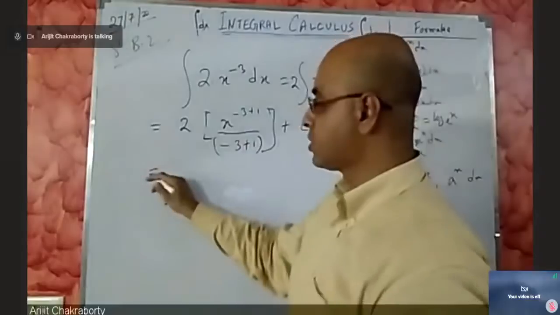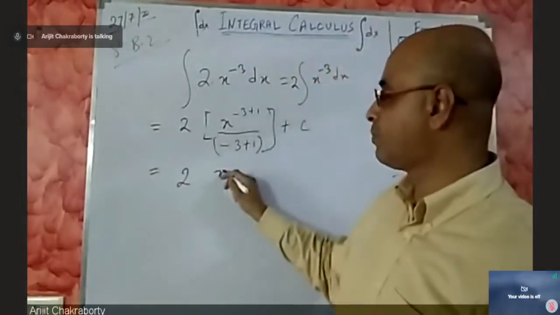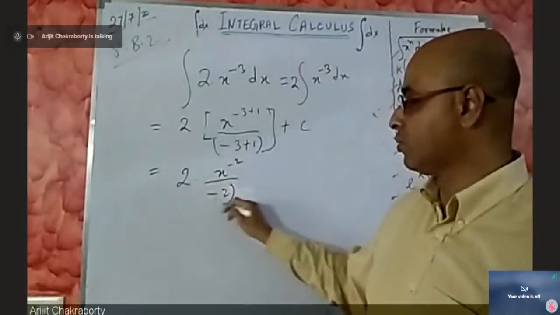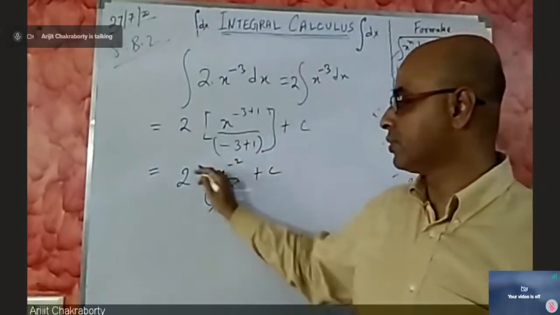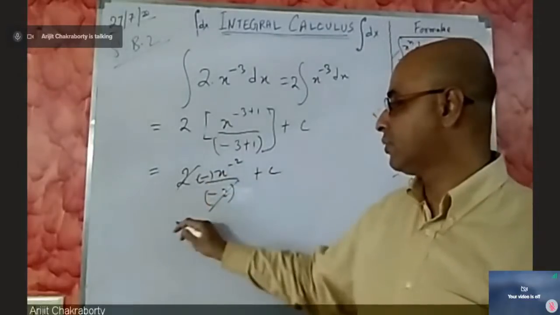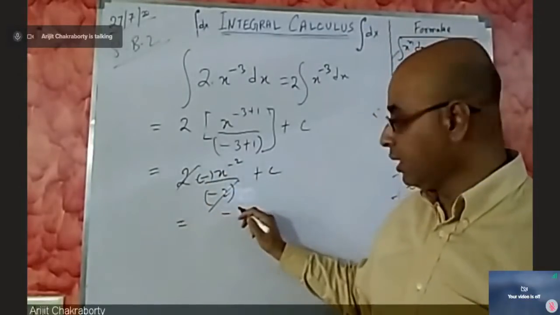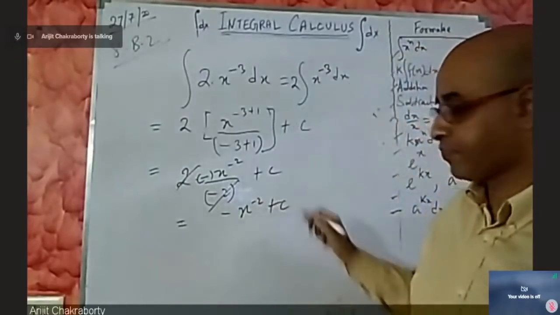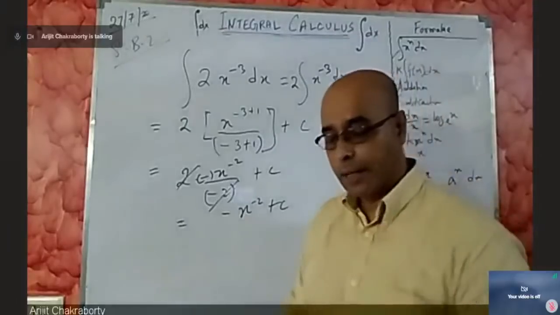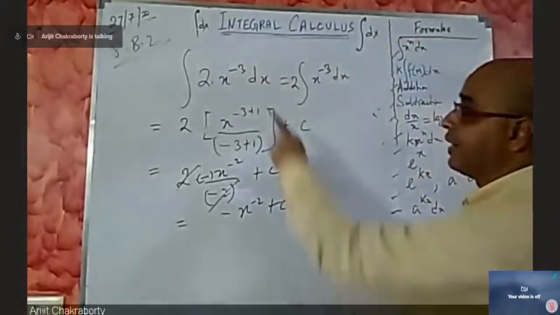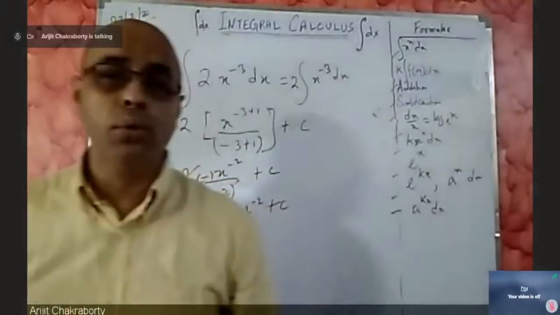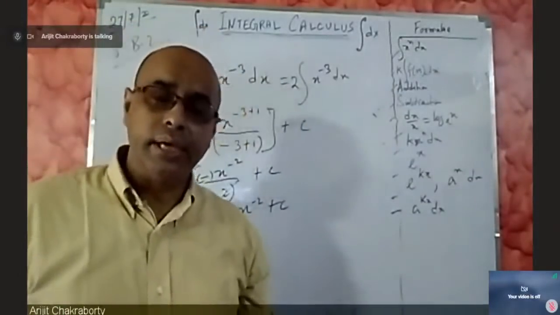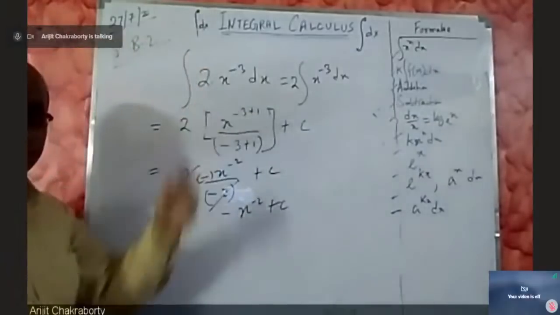So this becomes 2 into x to the power minus 2, divided by minus 2, plus c. So this cancels, and the answer is minus x to the power minus 2 plus c. This is how we deal with a situation where you have a power that is negative, minus 3 in this case.